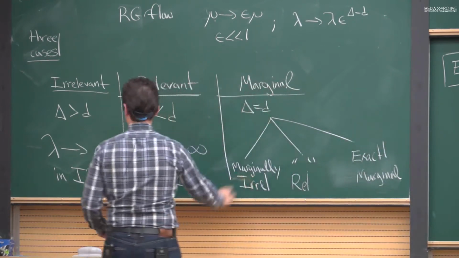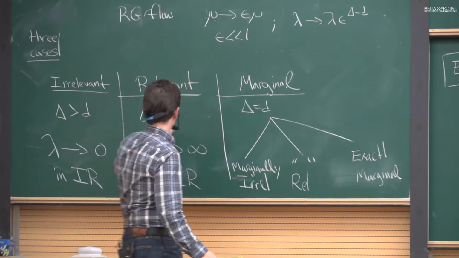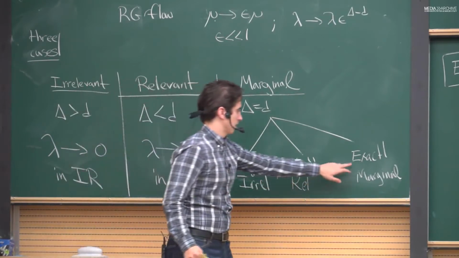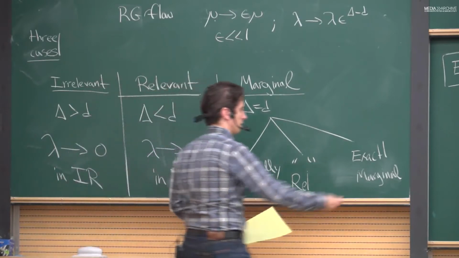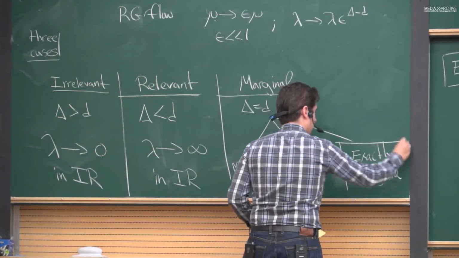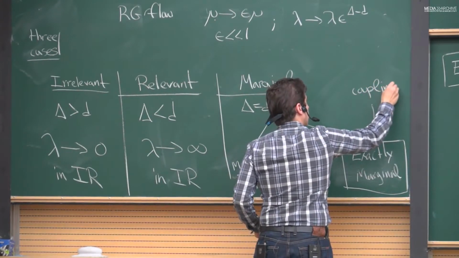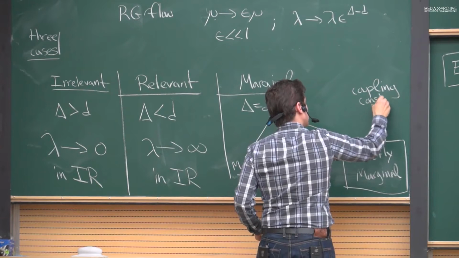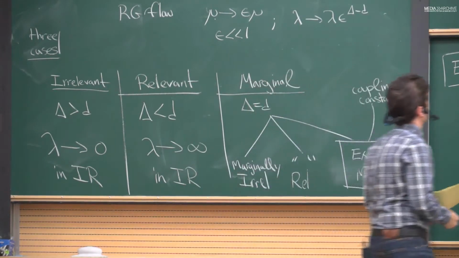In this case, the log corrections push you to this side. In this case, the log corrections push you to this side. And in this case, you stay exactly in the conformal world. So these are interesting. These are like coupling constants. Okay, so all this is very basic and kind of a review.